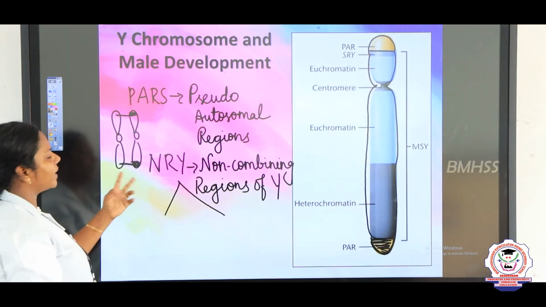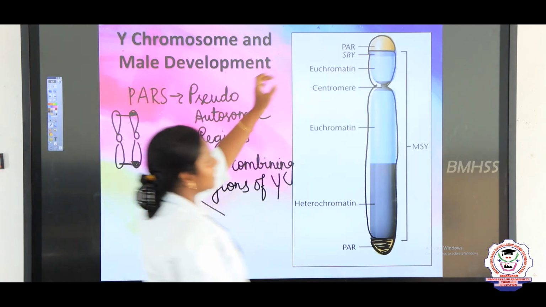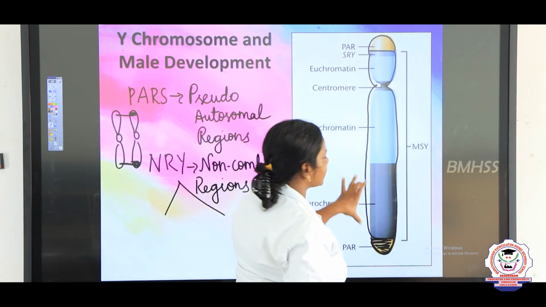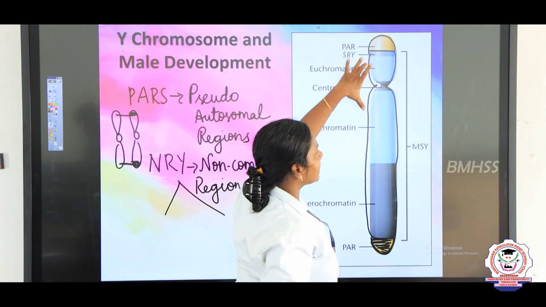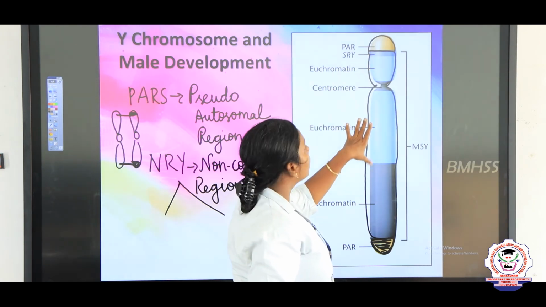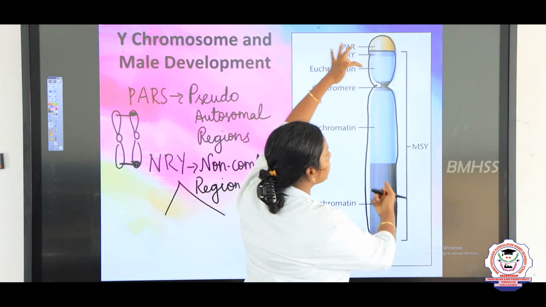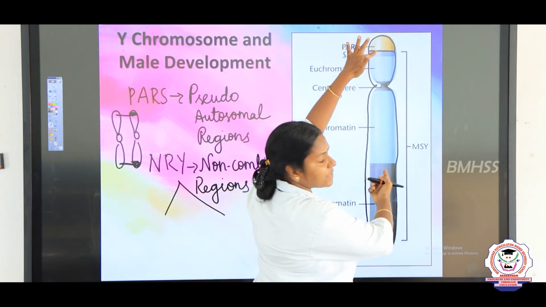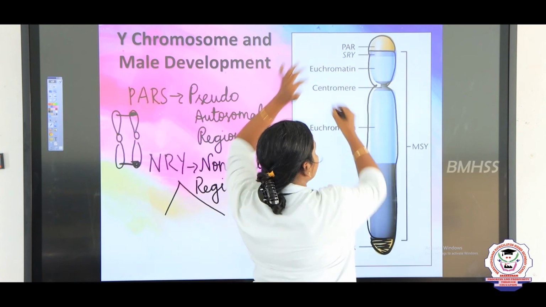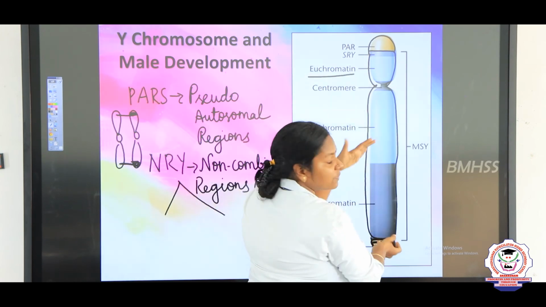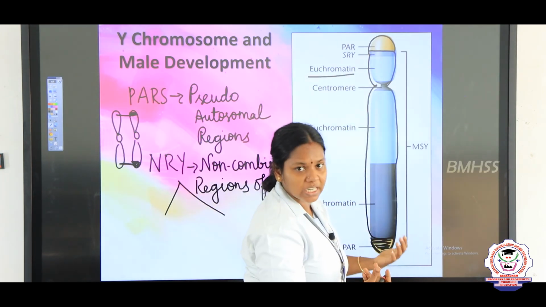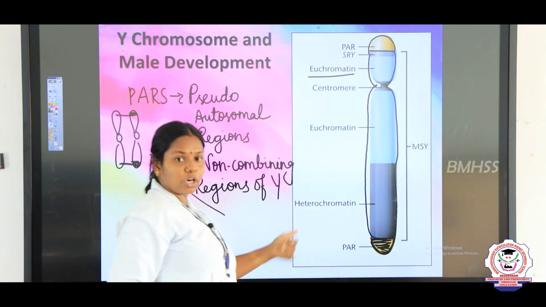So, this NRY contains two regions. One is euchromatin and another one is heterochromatin. See, the region shaded in sky blue is termed euchromatin. Euchromatin means the part containing functional genes, and the part which consists of non-functional genes, we say it as heterochromatin.